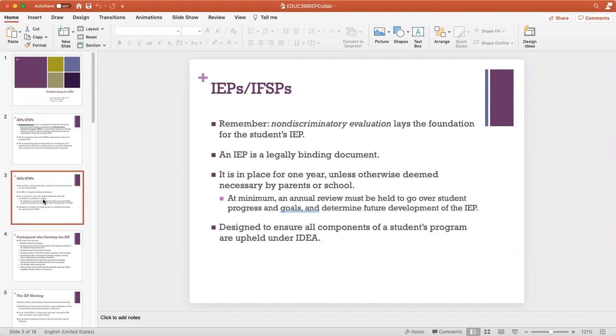They could be behavioral goals or self-management goals or communication goals. There are all sorts of things that typically don't seem to fall within the purview of the academic idea of school that can become academic goals through the IEP. So that's the document that we are working off of.